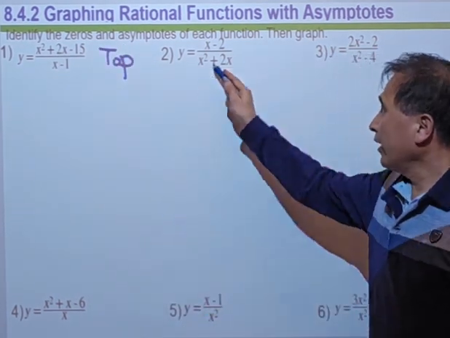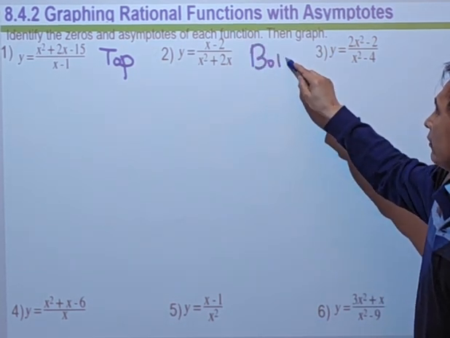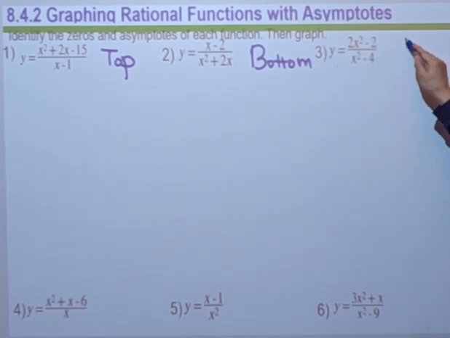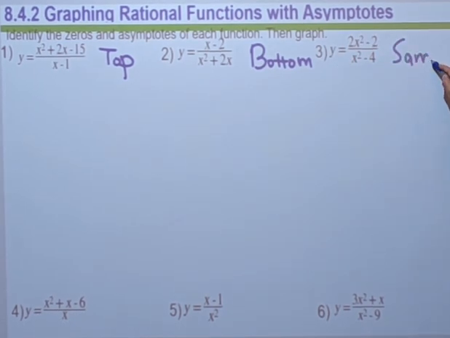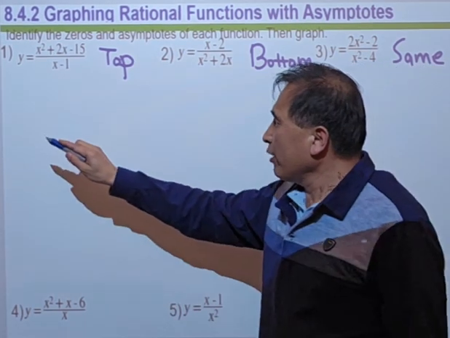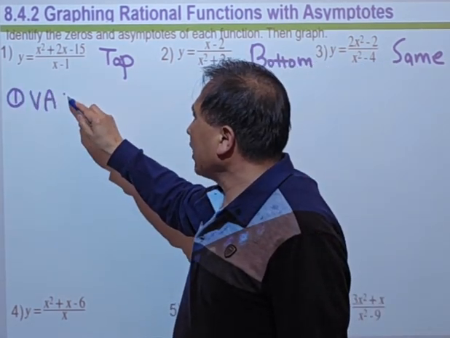When the bottom denominator is bigger, we call it bottom heavy. And when both are second degree, that's the same degree. Those are the 3 different types. But the vertical asymptote is still the same. Do you remember? The vertical asymptote is all the time where the denominator makes 0.